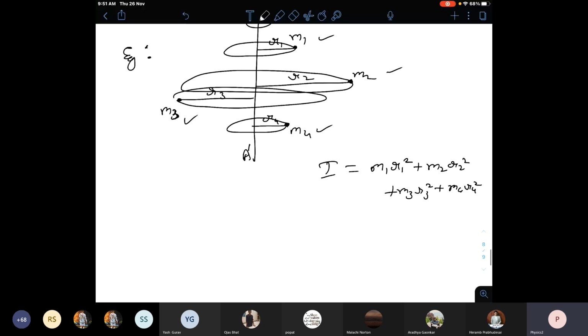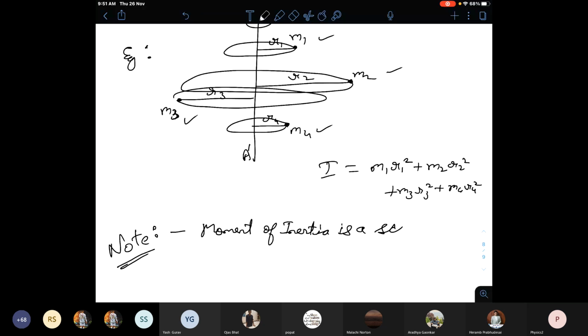Because it is a very important point: moment of inertia is a scalar quantity. Many of you get confused that, sir, it is coming as m r square, so distance is there, displacement is there, r vector can be written.